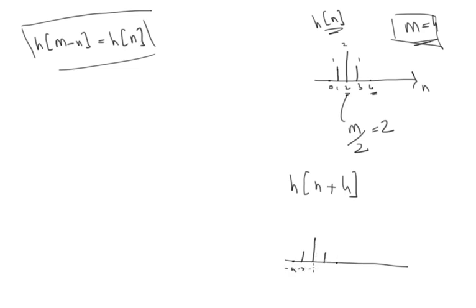This is h of n plus 4, and in order to find h of 4 minus n, you have to do time reversal of this waveform.